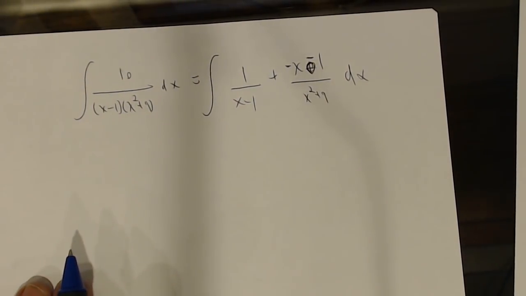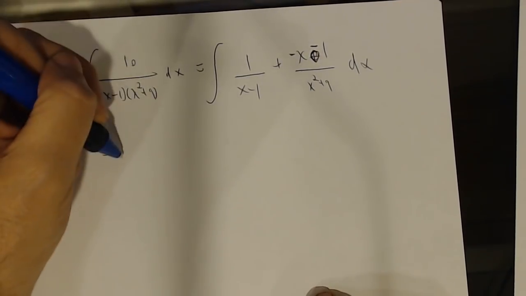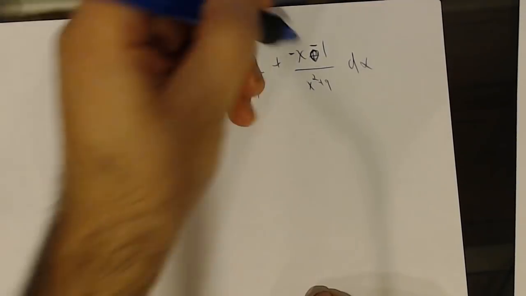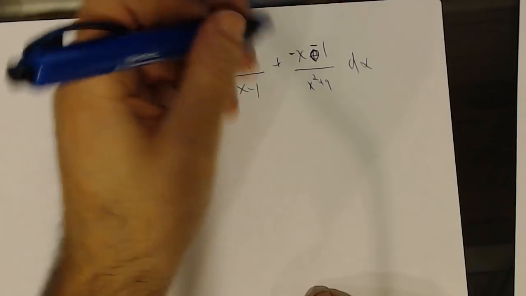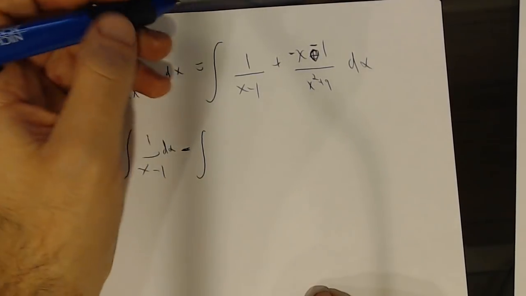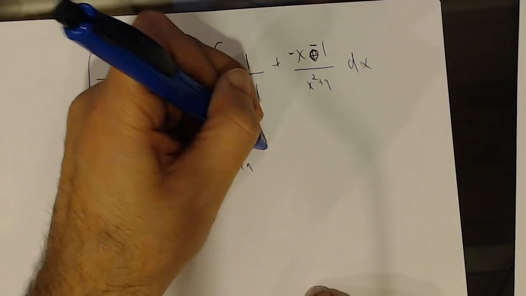Now that we have this, I want to break this up. I could say this is equivalent to the integral of 1 over x − 1, and then I could factor out a minus from this because they both have a negative. Let's not forget the dx: minus the integral of (x + 1) over x² + 9 dx.